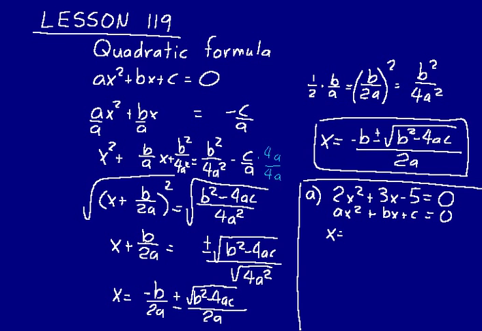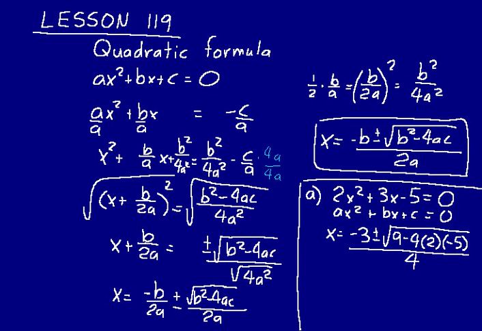So negative b, we see that that is a 3. So we'll say negative 3 plus or minus the square root of b squared, so that would be 9, minus 4 times a, which is 2, times c, which is negative 5. And then all of that is over 2 times a, or 2 times 2, which is 4.